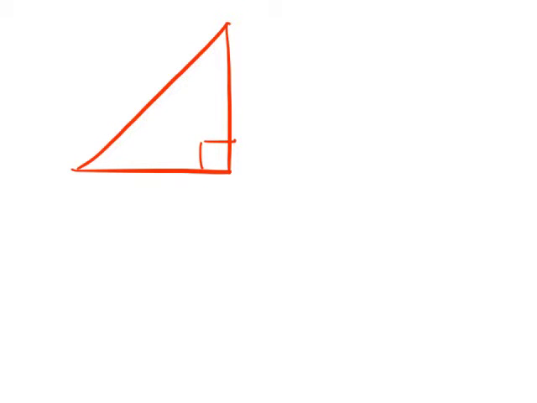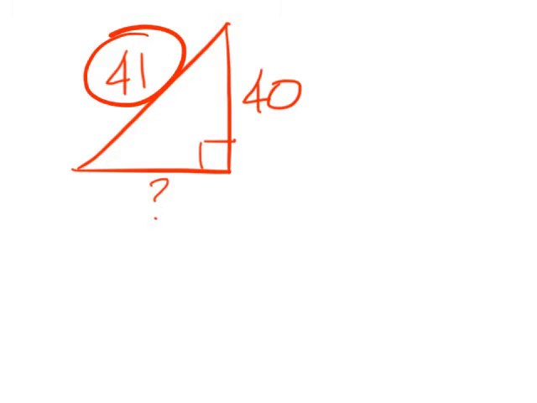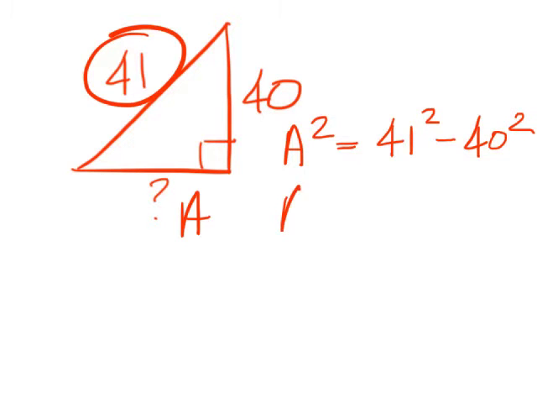Here's a practice problem. Right triangle, and in this right triangle we know that the hypotenuse is 41 and one of the legs is 40. Find the missing leg. You know the hypotenuse, so you're going to solve for this side, a squared, as 41 squared minus 40 squared.